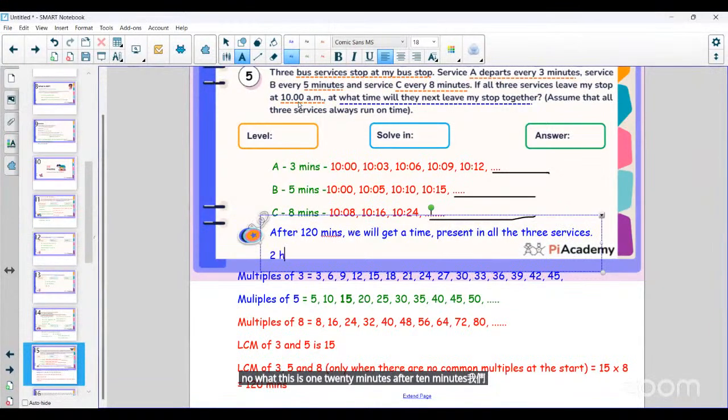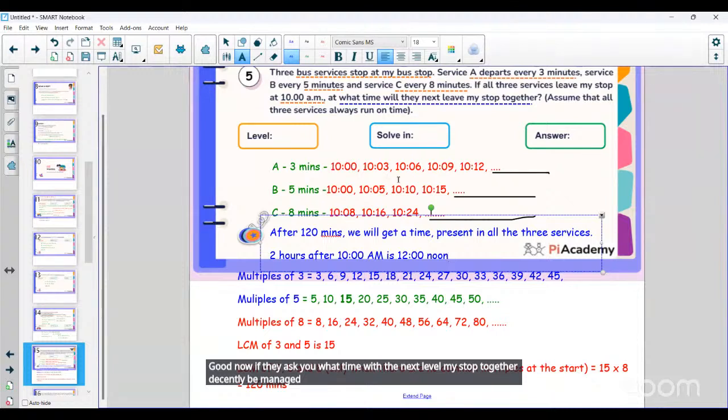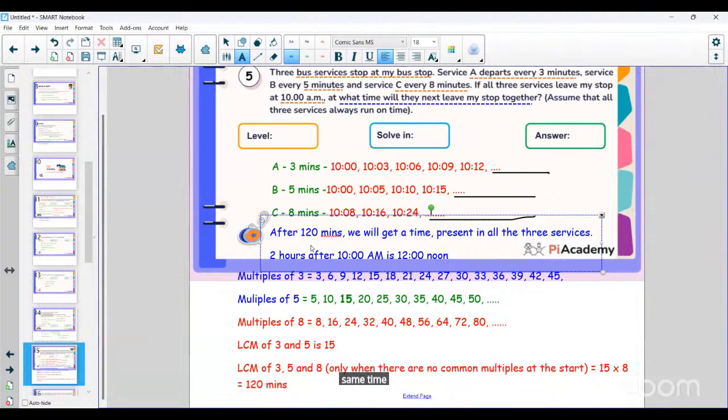So 2 hours after 10 is how much? 12 noon. Correct? So now, if they ask you what time will they next leave my stop together, that will be when all the three would have the same time, and that is after 120 minutes. That is 12 noon. So the answer is 12 noon.